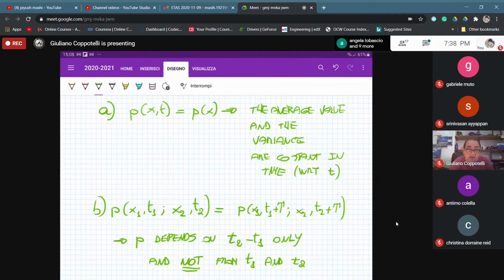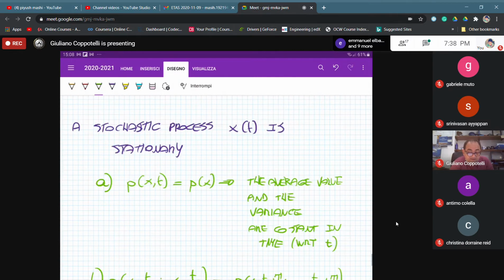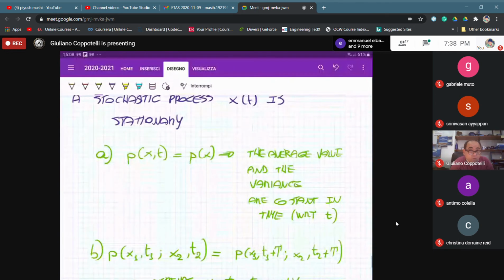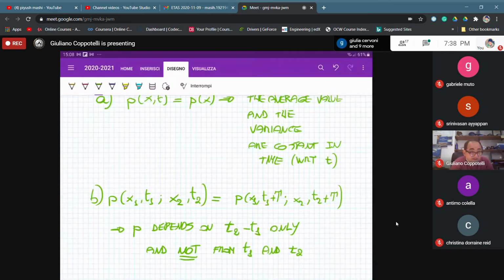Okay, so you can consider these probability density functions between events. If your process is stationary, it doesn't matter when you start counting the variation, as long as the duration, capital T, is the same.